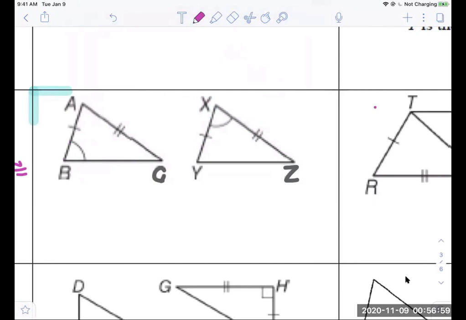So these triangles, you have 2 pairs of sides given to be congruent. But then notice, even though this one appears as though you'll be using side angle side, the angle's in the wrong spot in that one. This is the included angle. That's the non-included angle.